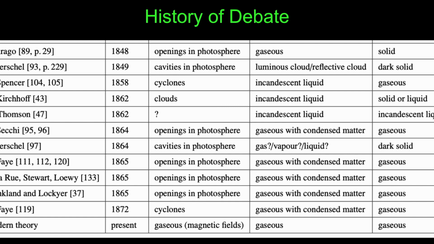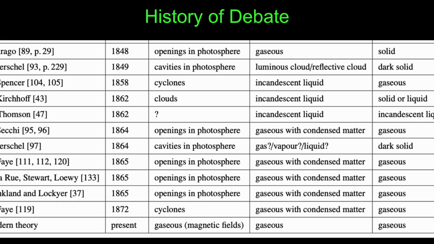So by the middle of the 19th century, engineering was king, right? People were coming up with ideas about thermodynamics. People were starting to think in a more mechanistic fashion about what was going on. And this is really when all of the progress happened. This is when all of the debates that we're really concerned with here started to unfold.